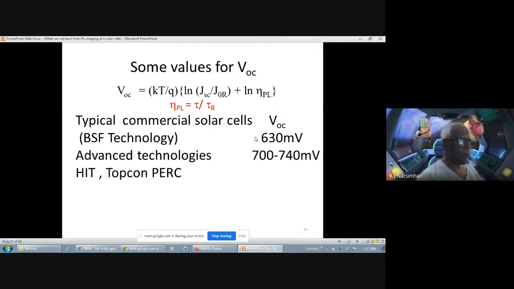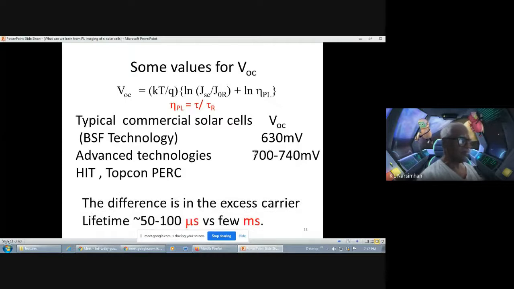So what made this big difference between 630 millivolt and 700 millivolt? It is the difference in the excess carrier lifetime. The BSF technology, the low voltage one, has a small excess carrier lifetime, tau of only 50 or 100 microseconds, whereas in these materials it is milliseconds.